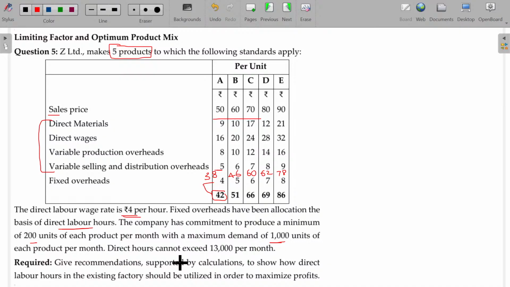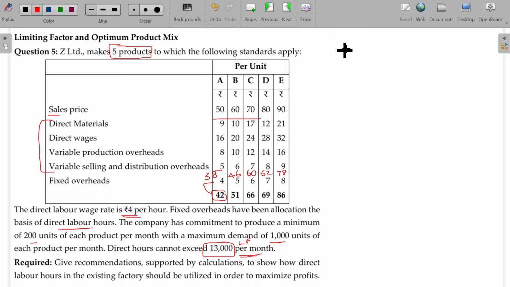Direct hours cannot exceed 13,000. So from this it is very clear, direct labor hour being the limiting factor. So as direct labor hour being the limiting factor, now it's your requirement to calculate what? Contribution per limiting factor and decide among the 5 products which is the best one and rank them. Thereafter you can go for calculating the optimum product mix.